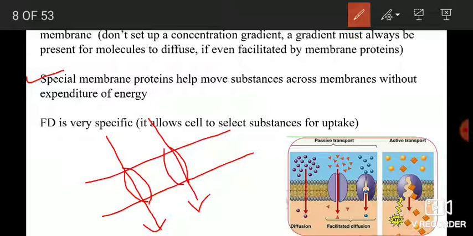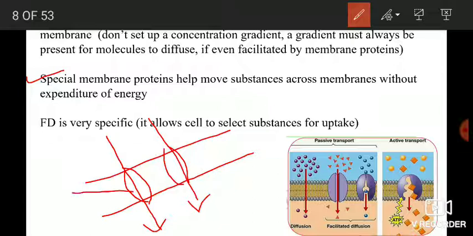Transport of molecules and ions with the help of transmembrane proteins is known as facilitated diffusion. And you have to remember that facilitated diffusion is very specific.